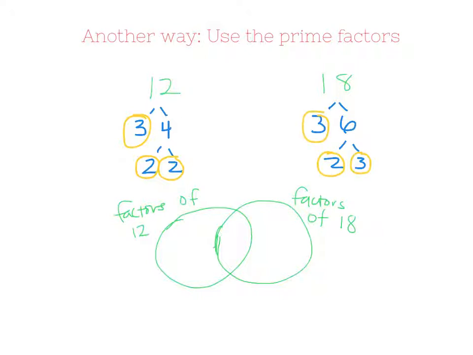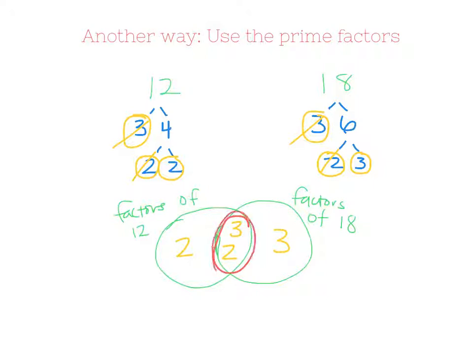And then if you take the prime factors and you decide which ones they have in common, they both have a 3. So I'm going to cross it out and put it in the middle. And they both have a 2. Cross out, put it in the middle. And then 12 has one other 2, and 18 has a 3. And then here's where it gets a little tricky.